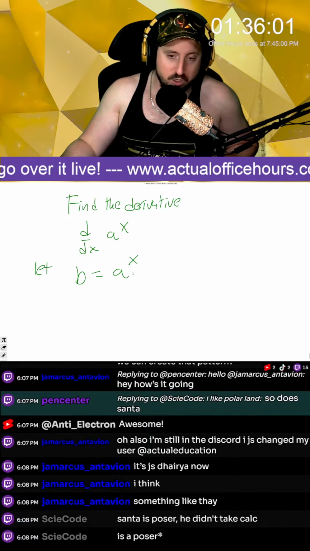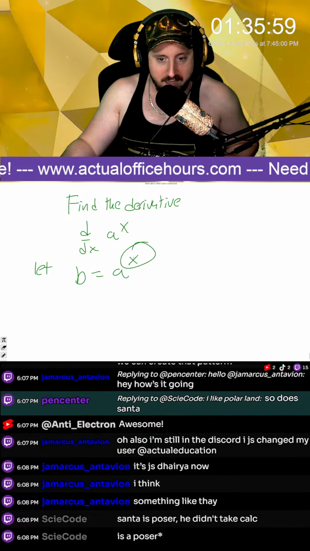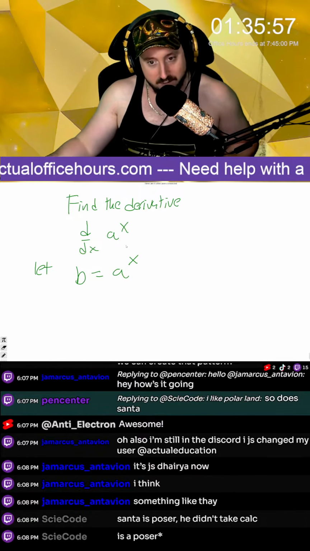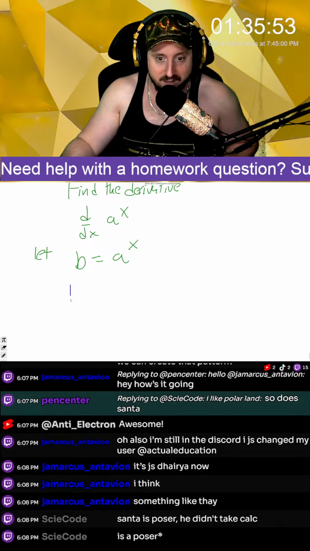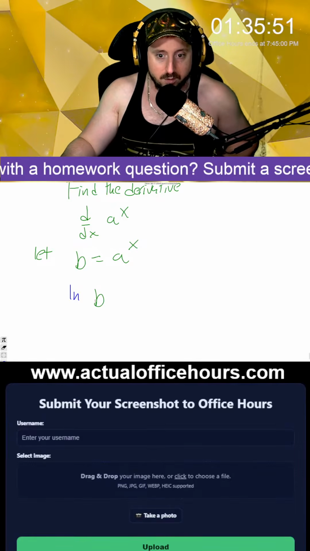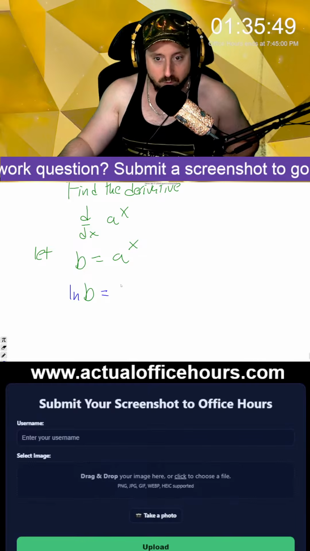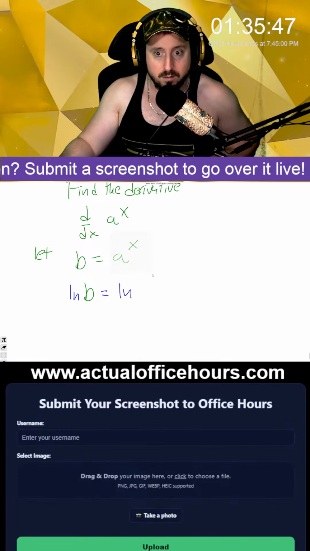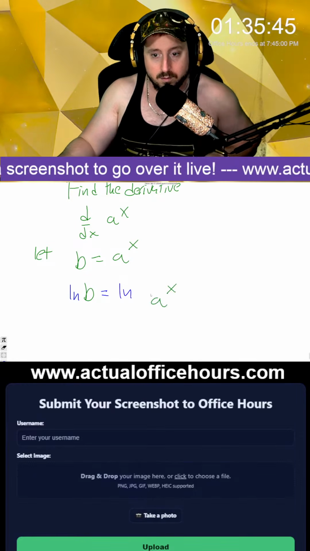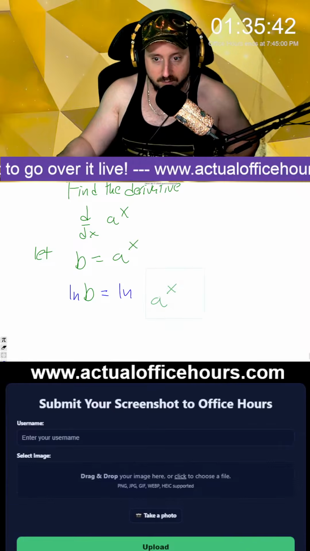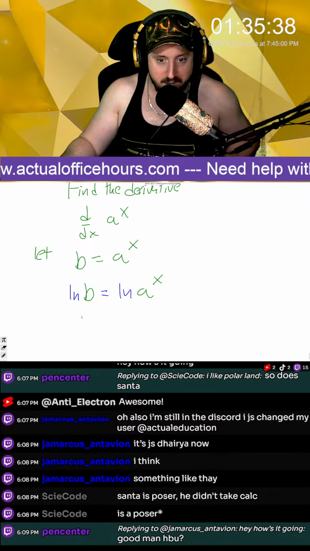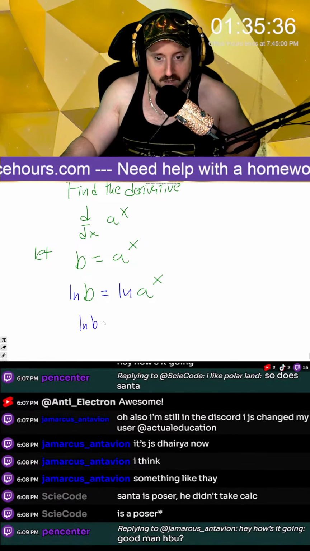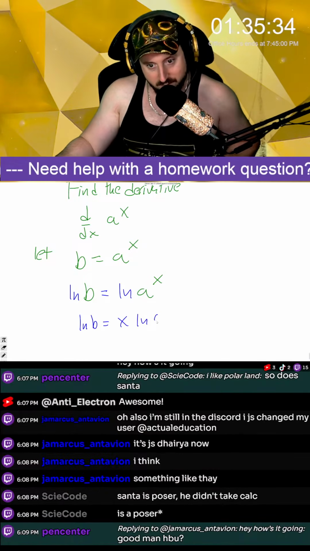And then one trick I know about x being up in the exponent is that logarithms are really useful here. So let me just go on gut instinct. Let's take the ln of both sides. So now you get ln of b is equal to the ln of a to the x, and then this would just come down. So you get ln of b is equal to x ln of a.